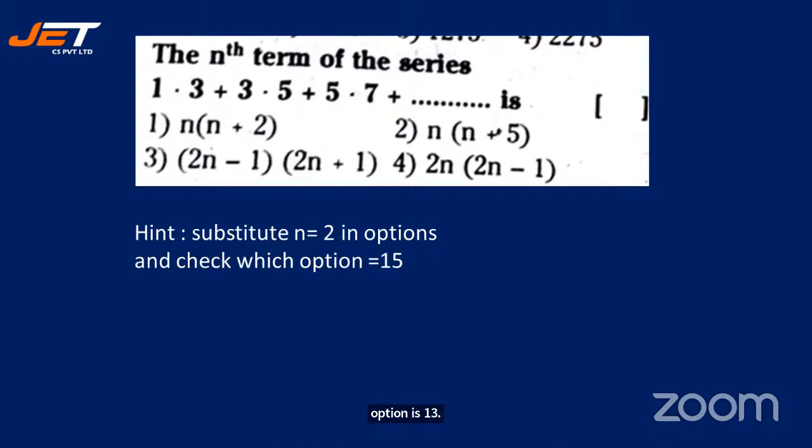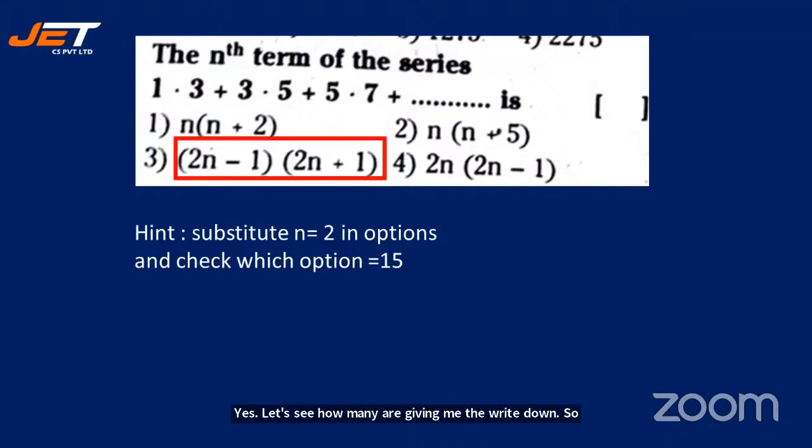All right. So with this hint, I'm sure you'll be able to get me the answer. Yes. Let's see how many are giving me the right answer. So it should be 2n minus 1 into 2n plus 1. Let's see.